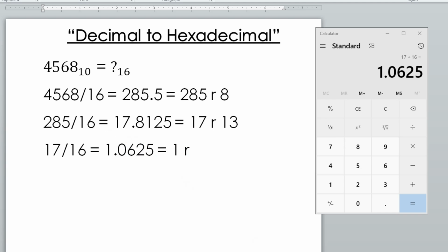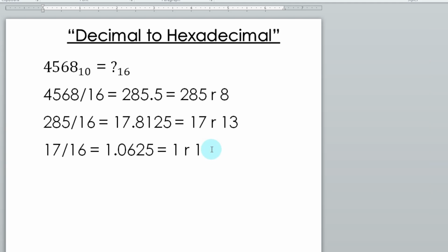The remainder is 0.0625 multiplied by 16, which is equal to 1. So the remainder here is 1.